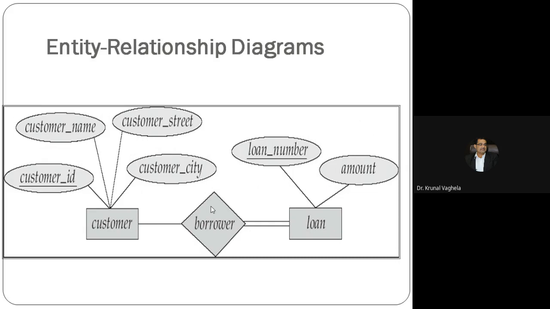What is the difference? Exactly. Two lines is total participation. A single line means partial participation.